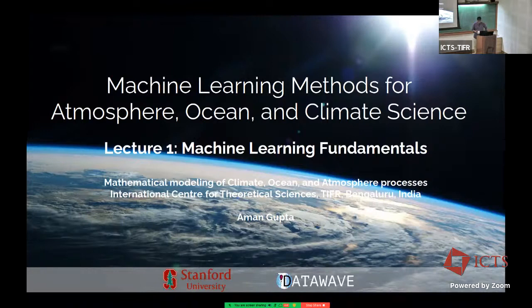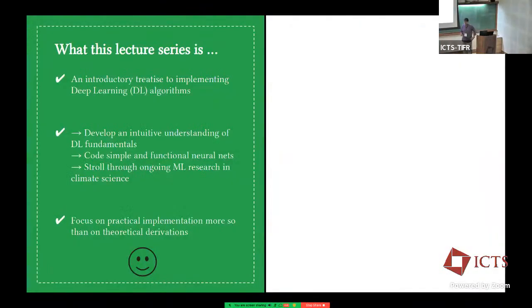And I'd like to make clear what this lecture series is about to begin with. So this lecture series is an introductory discussion on how to use deep learning algorithms and how to implement them in Python. We won't go into details in many places, and we'll focus on developing an intuitive understanding of deep learning rather than going into abstract mathematical definitions.